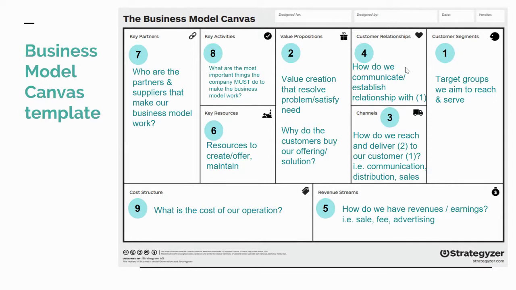Now, customer relationship is based on three main questions. Okay, it's how do you get your customers? How do you keep your customers to become customers? And how do you grow your customers? So, for example, maybe there are certain promotions that you want to give, maybe buy one free one.